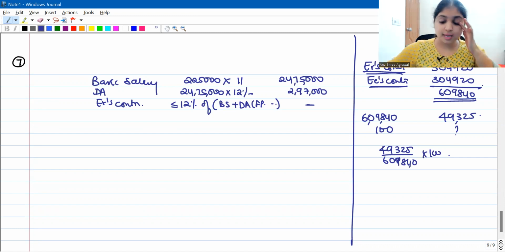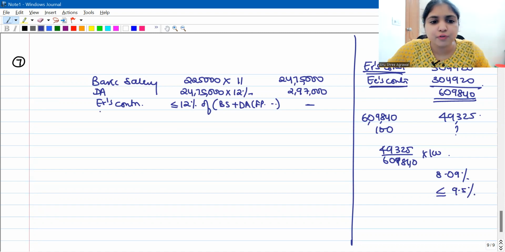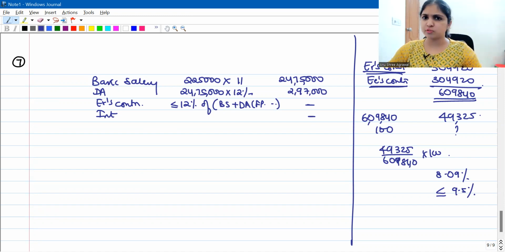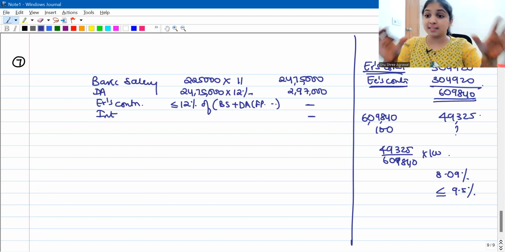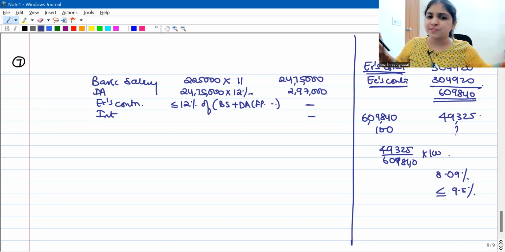Calculate. That will work out to 8.09%. So his interest is within 9.5%. Hence, even for the interest component, nothing is taxable. You agree with me? So employer's contribution is within 12% of salary. Employee's contribution, anyways, we don't consider in the salary calculation. We consider that only in 80C. And even interest is within 9.5% and hence nothing is taxable.